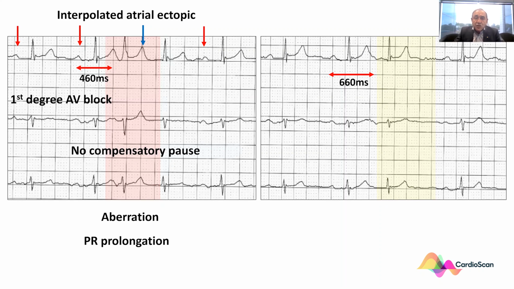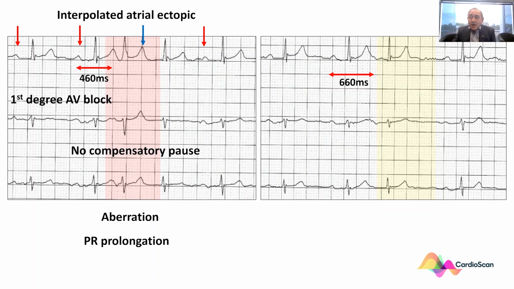To the left, the interpolated atrial ectopic occurs earlier by 60 milliseconds, giving plenty of time for the next sinus P wave, which is embedded in the T, to actually conduct, albeit with some refractoriness and therefore slower.